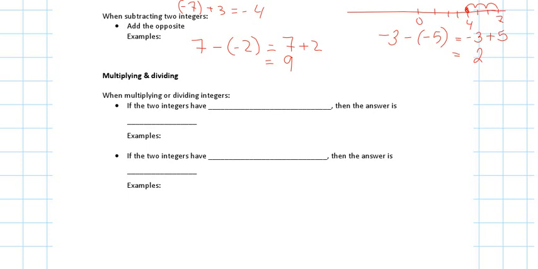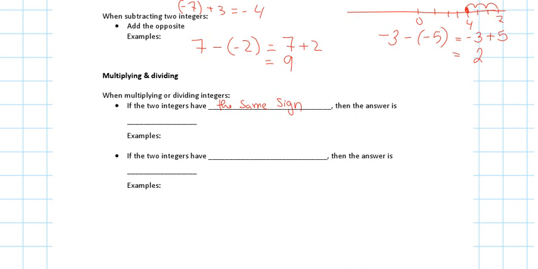So when multiplying or dividing integers, if the two integers have the same sign, then your answer is going to be positive. Okay?